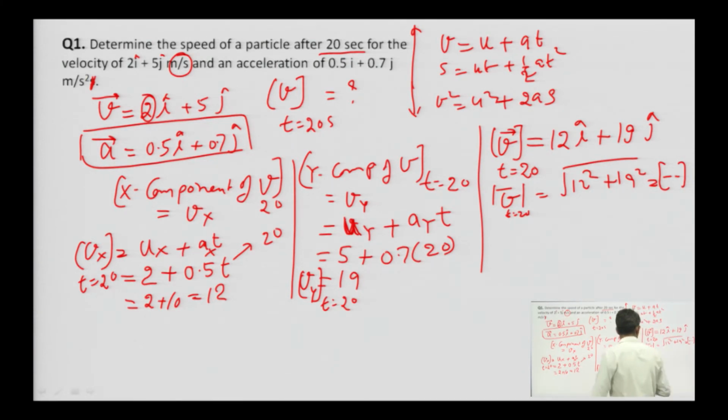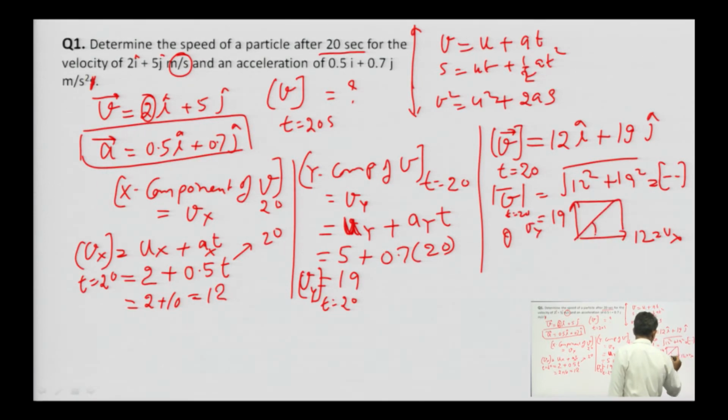And the direction from the x axis: here the x component is 12, the y component is 19, this is Vx, this is Vy. So theta will be tan inverse of 19 divided by 12. Calculate the value.